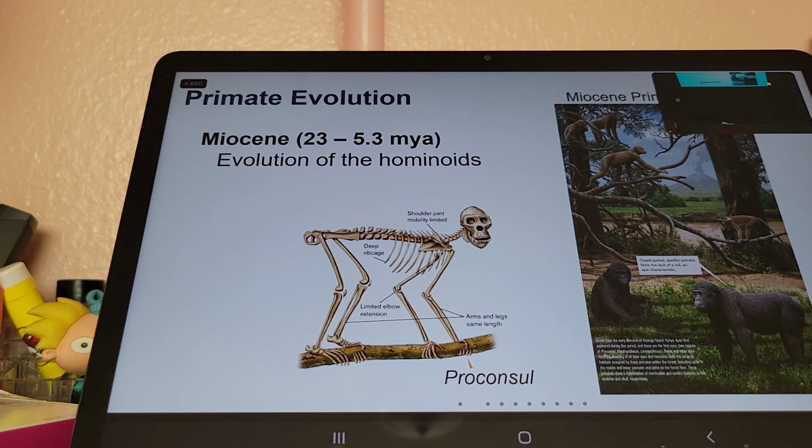Okay. Now, note this particular group, Proconsul, is an excellent example of a Miocene ape. They're quadrupeds, not truly adapted for suspensory behavior like later apes, the apes that we know today, right?